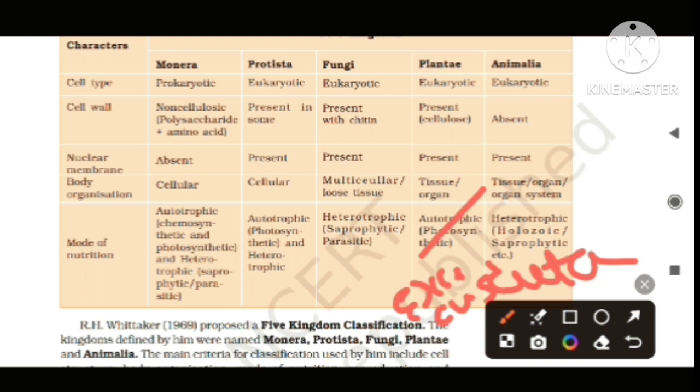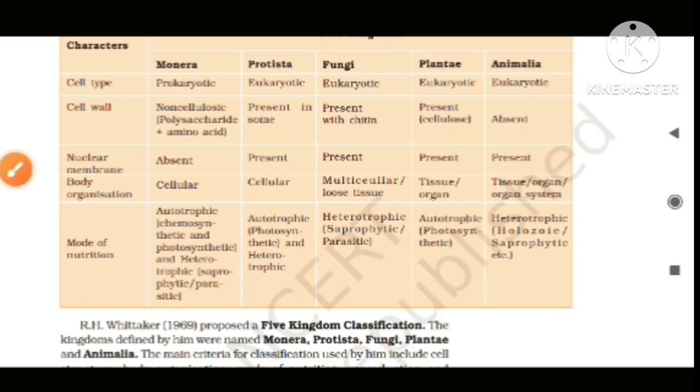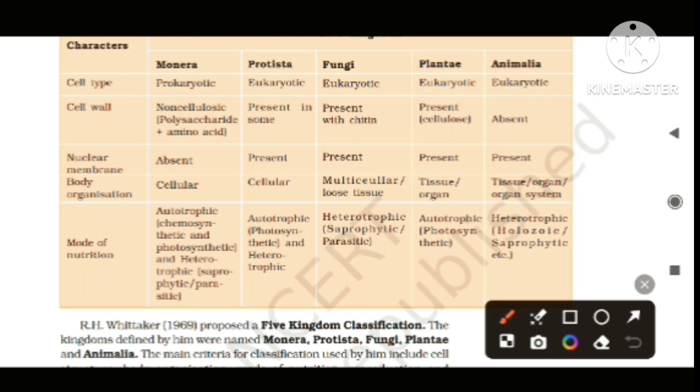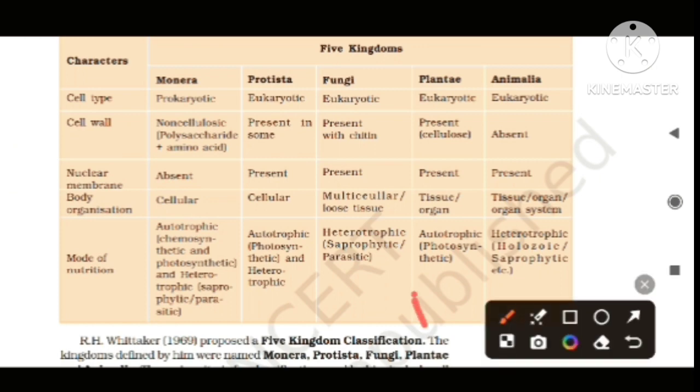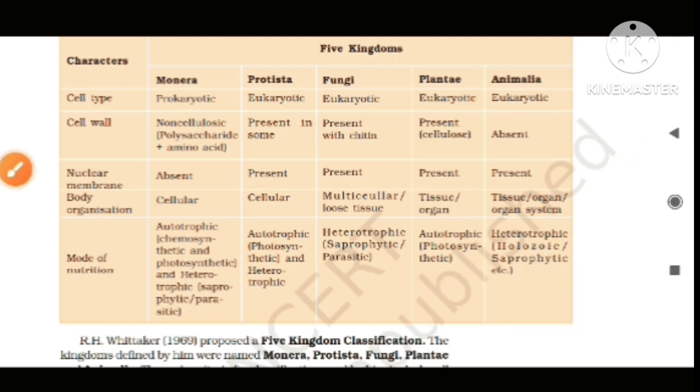It was heterotrophic itself, and along with that, insectivorous plants like pitcher plant. These are the plants which derive nutrition from organisms or insects. Pitcher plant is an insectivorous plant.